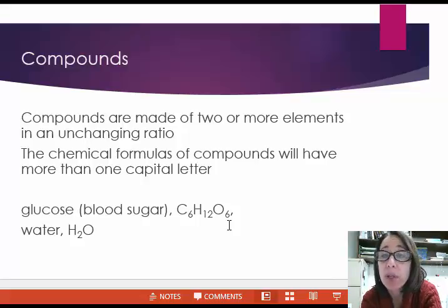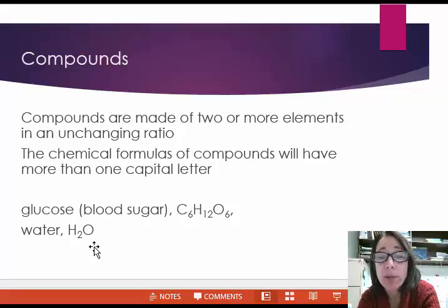We see three capital letters in the formula, so we know there are three elements that comprise this compound. We also know that there are 6 carbon atoms, 12 hydrogen atoms, and 6 oxygen atoms in a molecule of glucose. This is what I mean by a constant ratio. Glucose will always have 6 to 12 to 6 carbon atoms to hydrogen atoms to oxygen atoms.